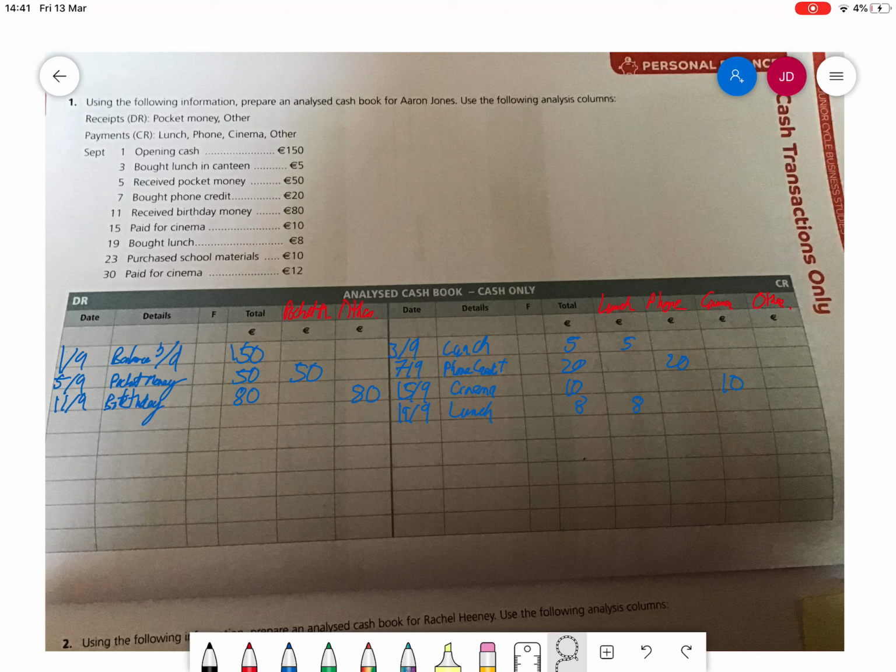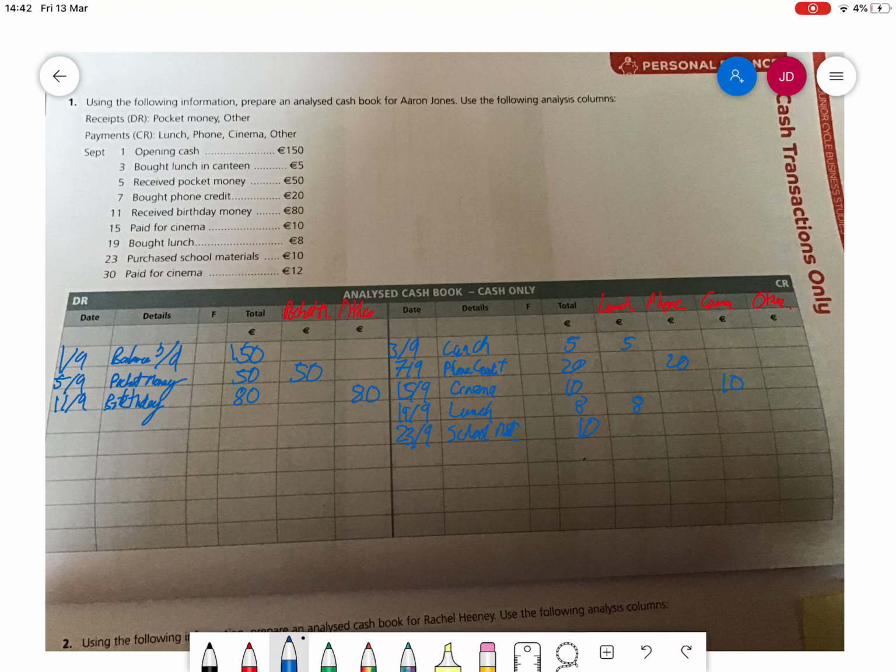Then we have on the 23rd, he purchased school materials for €10. So on the 23rd, on the right, he's buying more stuff, so put it on the credit side, the right hand side. School materials is our description, and he spent €10 on that. Now, would that fall under lunch, phone, cinema, or other?